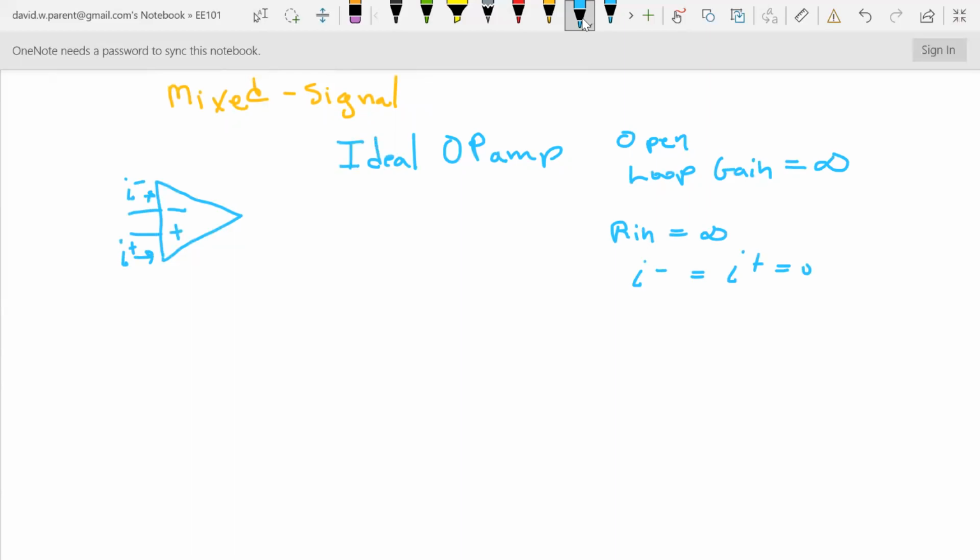These are the ones that are used most often. But then there's another one: V out can be plus or minus infinity. In reality, you're limited by the power supply. If that's plus 15 volts, it can't go any higher than plus 15.